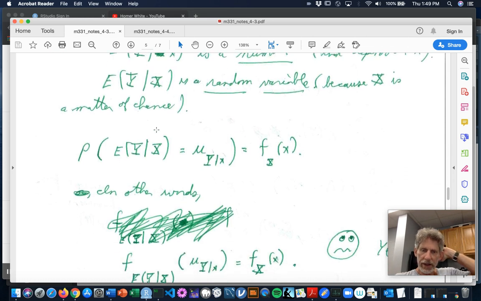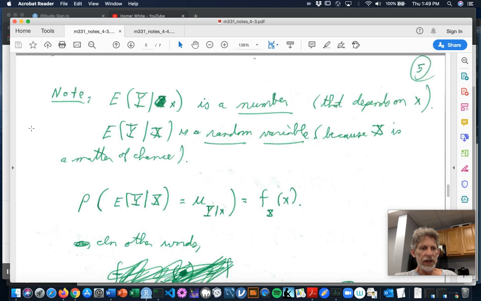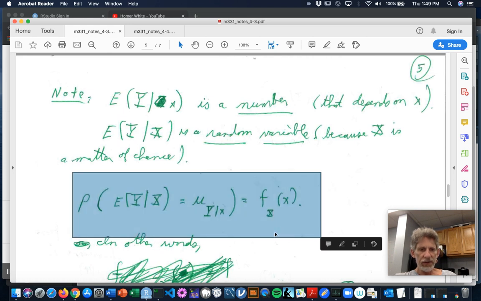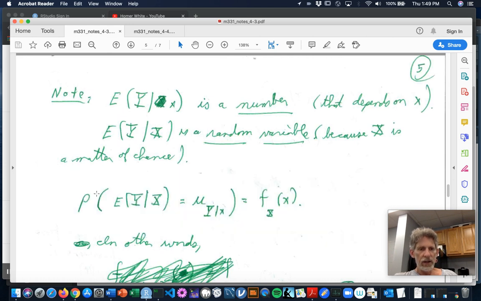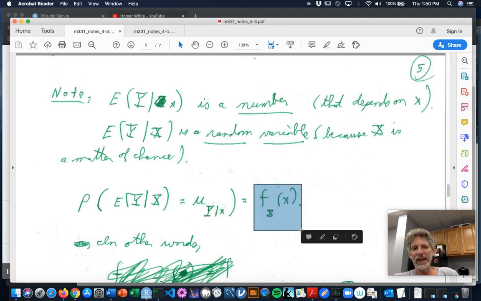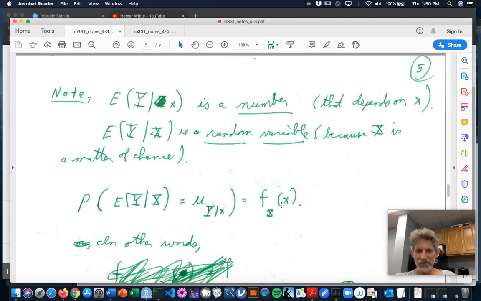So a kind of pedantic way of writing it out would be this. The chance that the expected value of cap y given cap x is equal to the conditional mean of y given that capital X is little x is the chance for capital X to be little x.